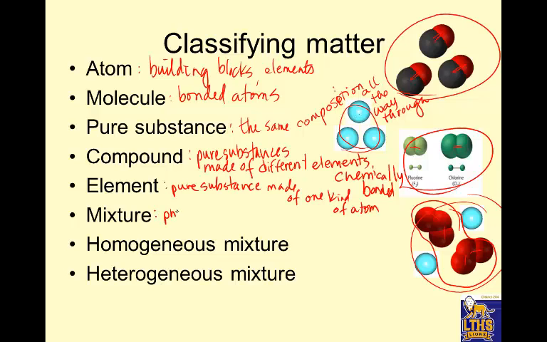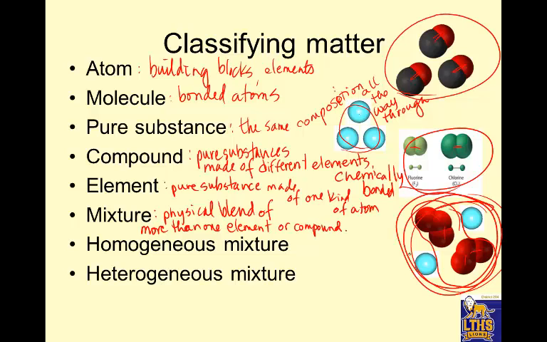A mixture is a physical blend of more than one element or compound. How can that be? Well, if I take this whole thing, I see these kinds of parts and those kinds of parts.